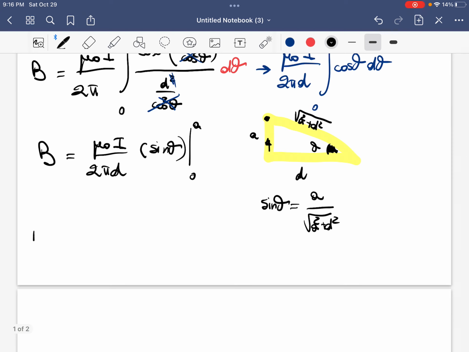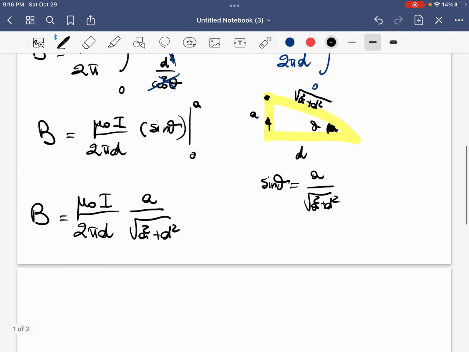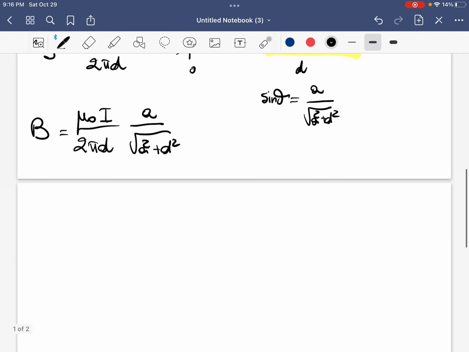I have that magnetic field B is equal to mu 0 I divided by 2 pi d, as in distance, times A over the square root of A squared plus d squared. And this is the magnetic field for a finite wire that has length 2 times A.